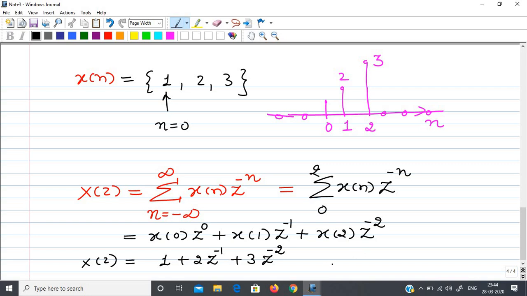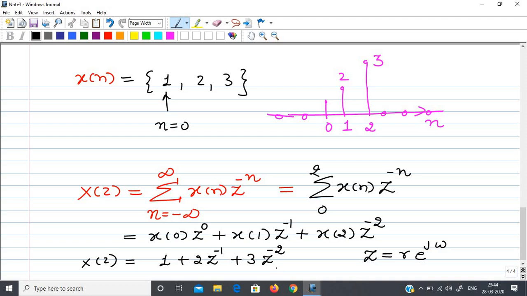But we have not yet mentioned what the ROC is. What is the region of convergence? Is there any possibility that this sequence may diverge, or is it always converging? Now we know Z is a complex variable, r e to the power j omega.